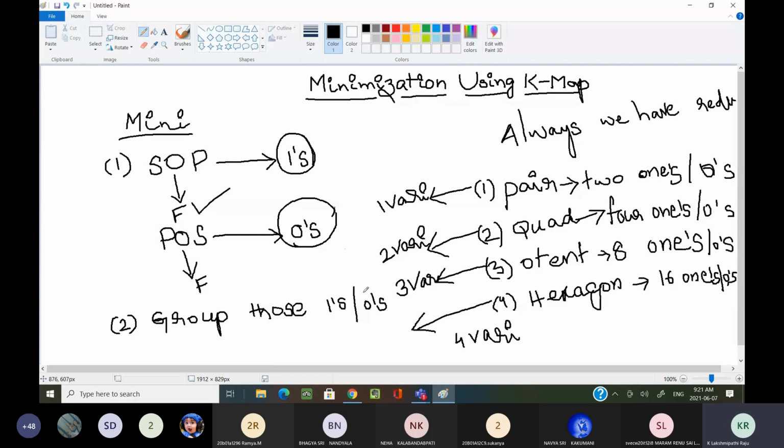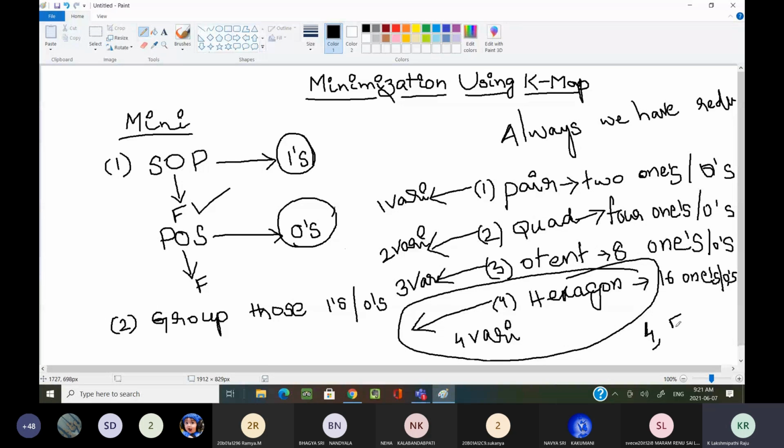Now, depending upon the size of your K-map, when will a hexagon form?